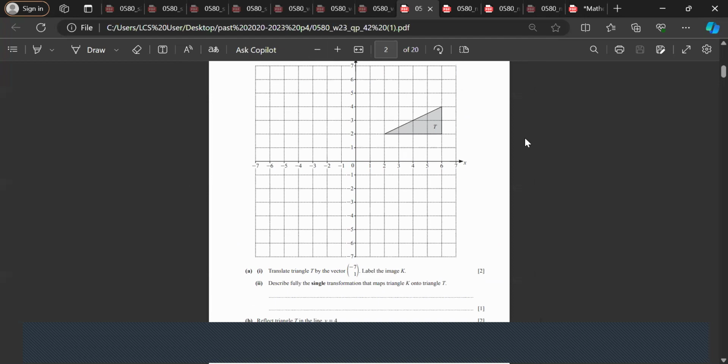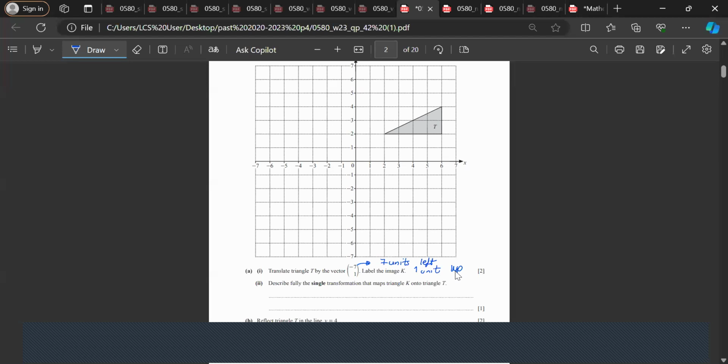Now he's telling me to translate the triangle T by the vector (-7, 1) and label it image K. What is the meaning of (-7, 1)? It means 7 units left and 1 unit up.